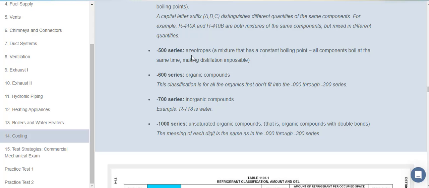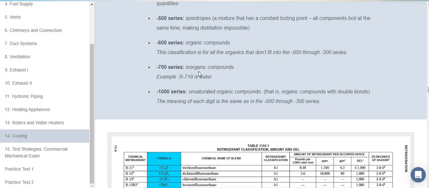500 series is azeotropic, a mixture that has a constant boiling point. All components boil at the same time, making distillation impossible. 600 series, organic compounds. This classification is for all the organics that don't fit into the 000 through 300 series. 700 series, inorganic compounds.